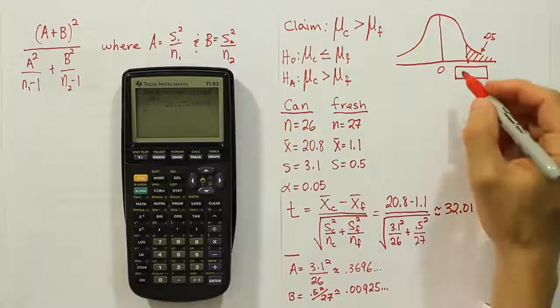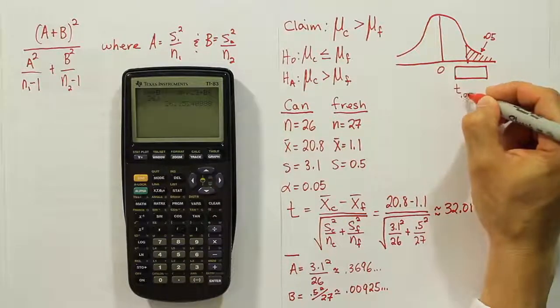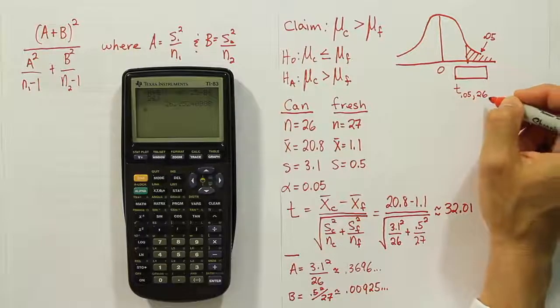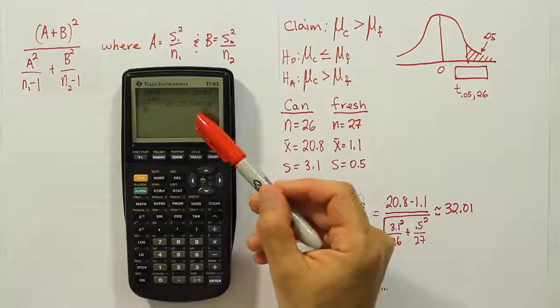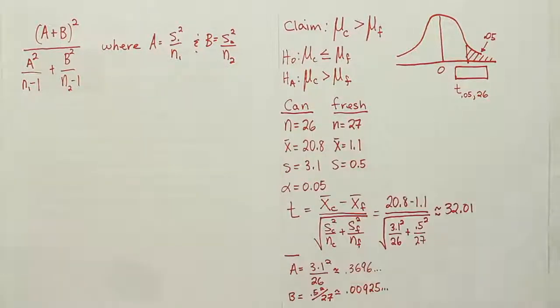So the degrees of freedom here, for T.05, will only be 26, because we truncate those decimal answers. Truncate means we just remove the decimal portion, or in other words, round down. Now let's go to our table. Let's look up 0.05 and go down to 26 degrees of freedom on the T table.